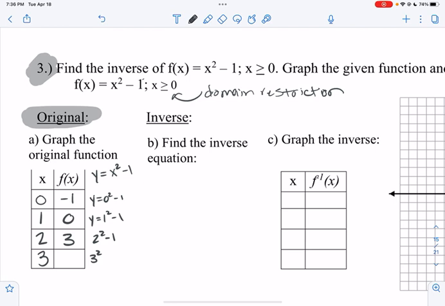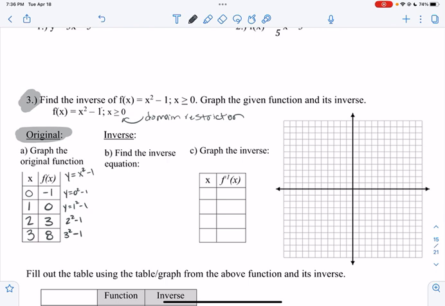So we are going to graph these guys on our coordinate plane over here. So 0, negative 1. 1, 0. 2, 3. 3, 8. And just like our radical functions, that point you plot on the left will be your first point.